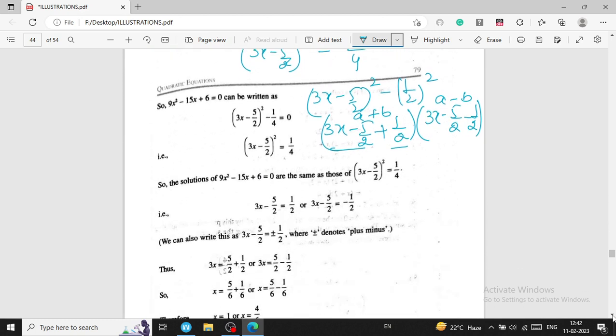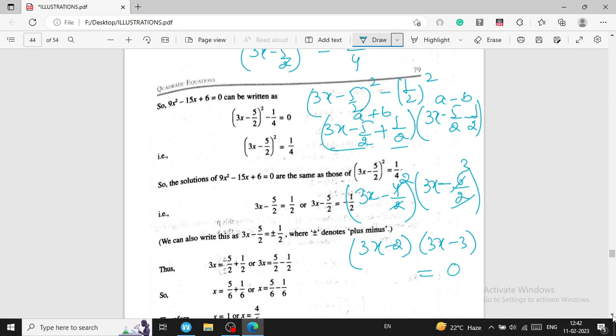Now solve it. 3x minus, take the LCM, 5 minus 1 is 4, 4 by 2, and here 3x minus 6 over 2. 2 threes are 6, 2 twos are 4. So 3x minus 2 in one bracket, 3x minus 3 in another bracket, take them equal to 0. You will find x equal to 2 by 3 and x equal to 1.